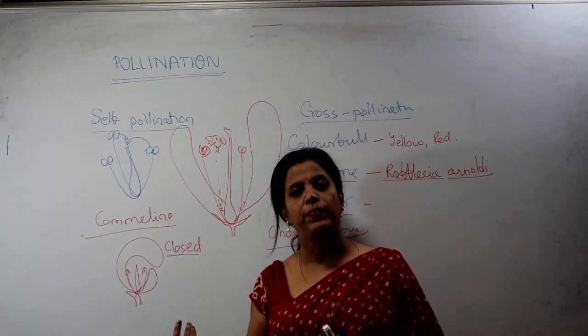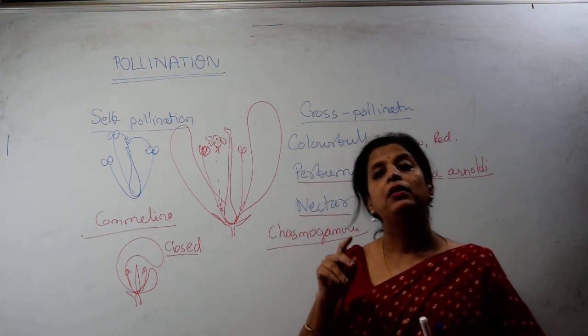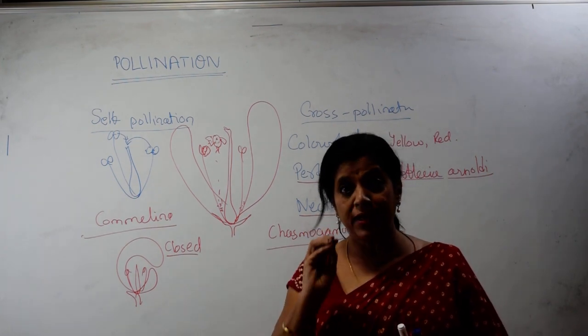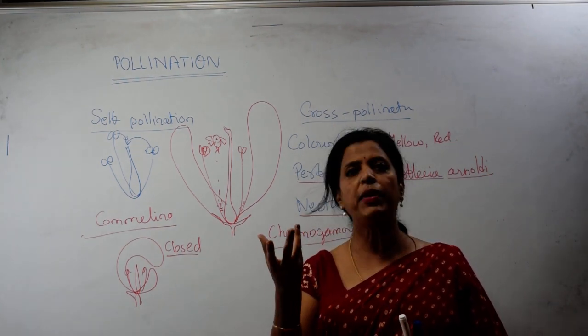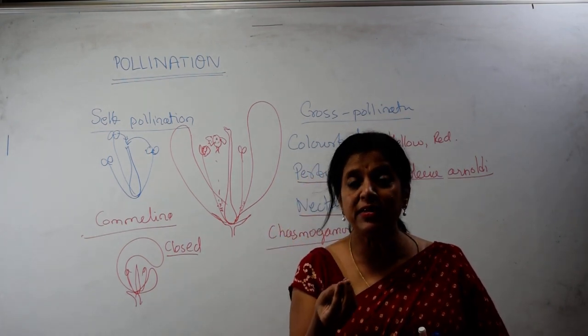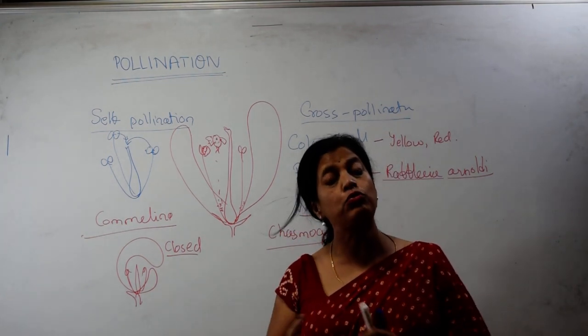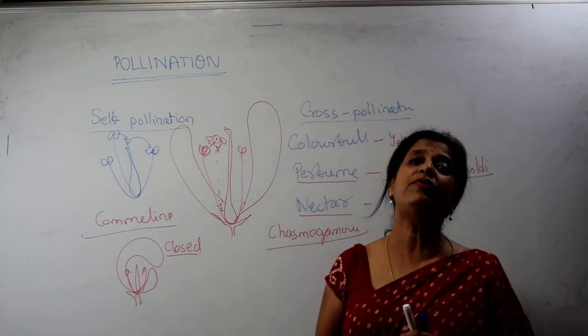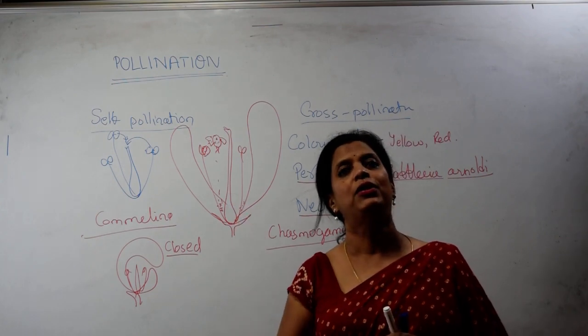No fruit formation. Second thing, the plant has to waste a lot of energy. What for? To make the petals colorful, to make the fragrant glands, scent glands, and produce nectar. So much it has to produce, which is actually not necessary for the plant. It is producing for others, the visitors.